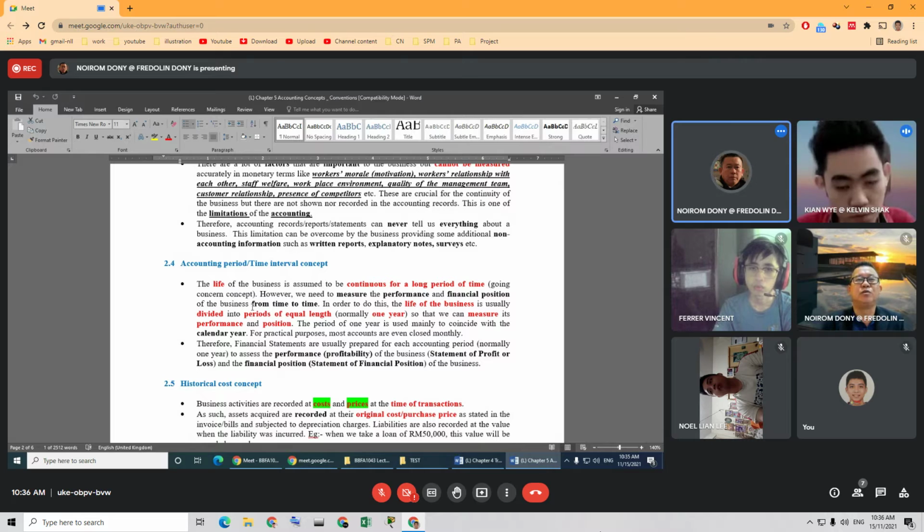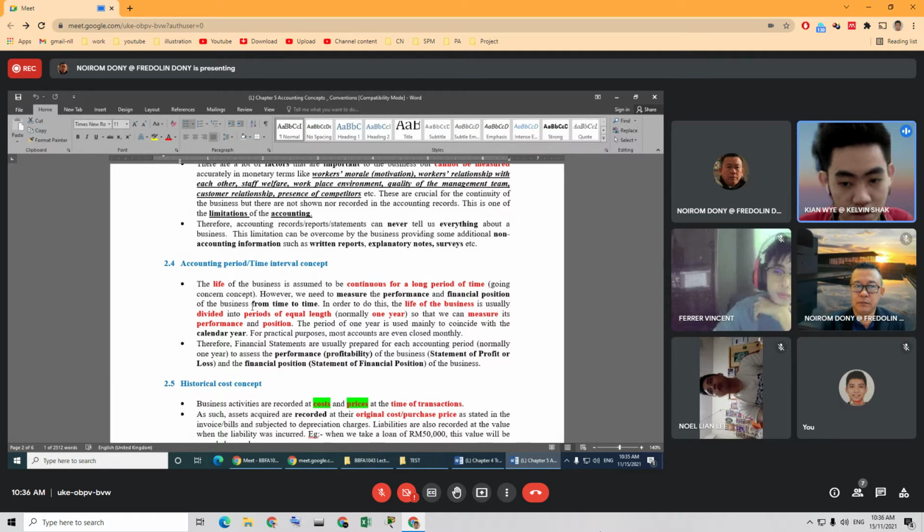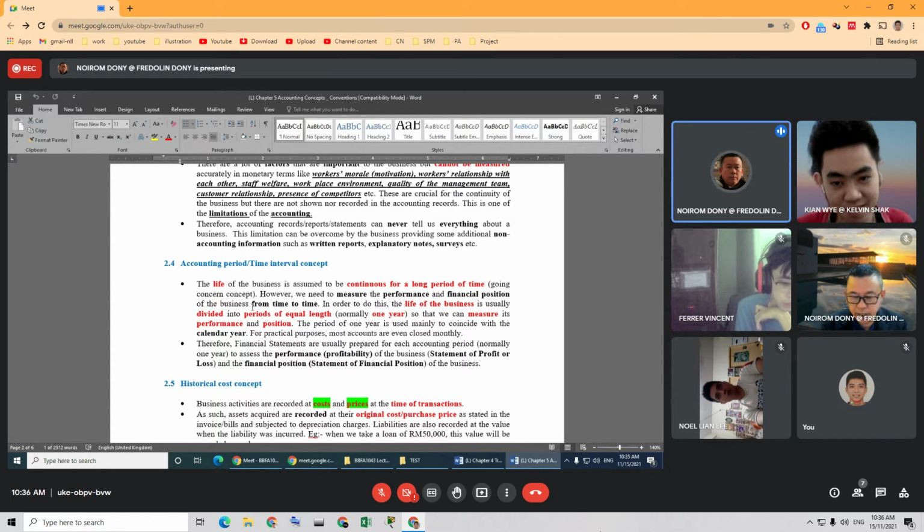That is the purpose of the word equal length. So people usually document the accounting weekly, monthly or yearly. It depends on the company. If they want to be more effective, they will do monthly, but then there's a lot of work to do. Nobody does weekly. Weekly is not practical because it doesn't give you much information.